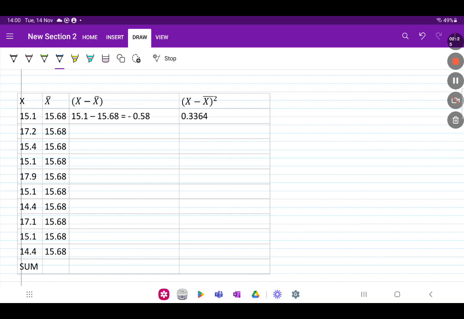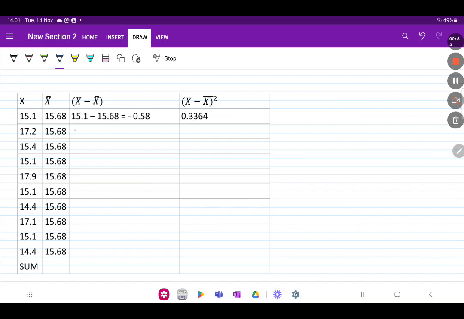So the third column, okay, the first number we have is 15.1 minus 15.68, which gives us negative 0.58. Don't switch your calculator off, straight away square your answer and you will get the value of 0.3364. Okay, let's do the next one.